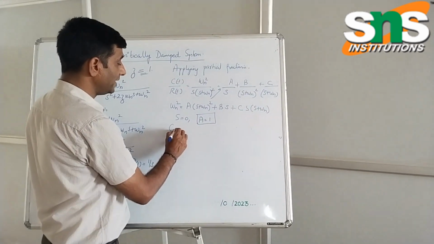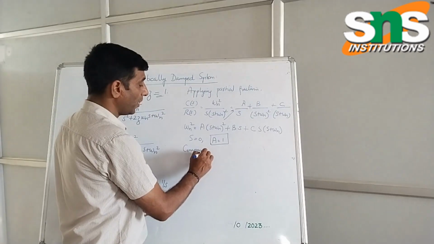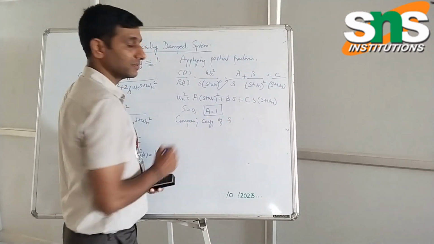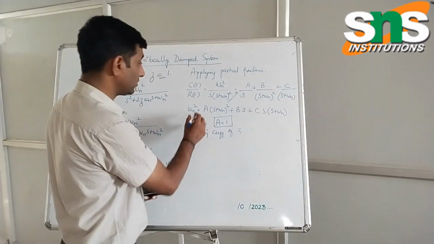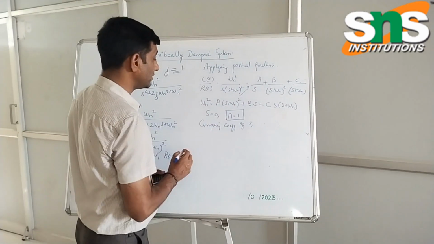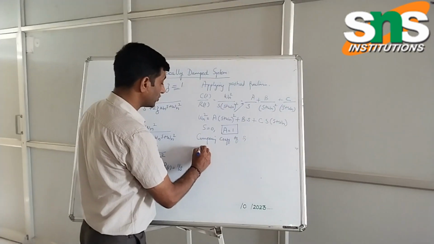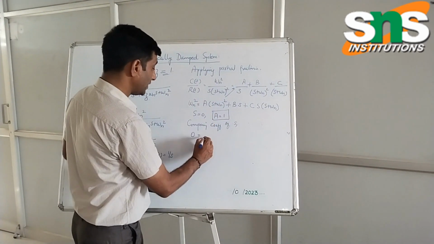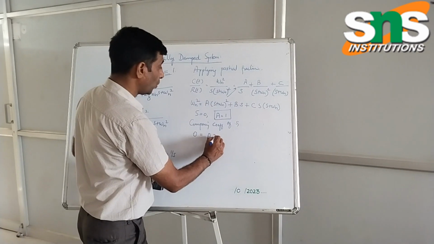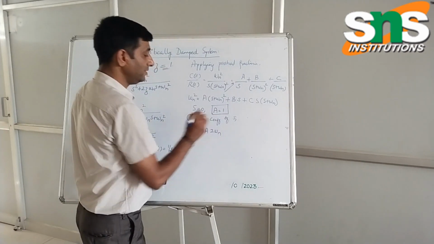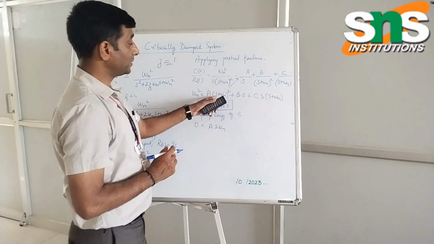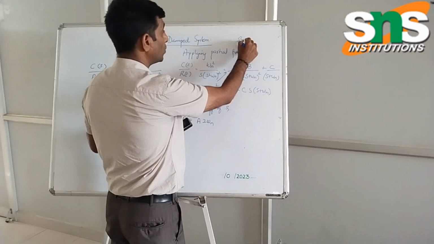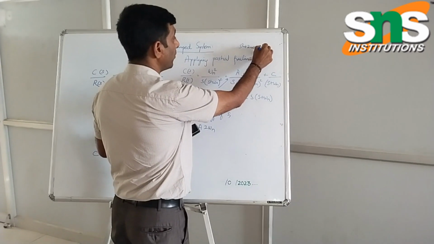Next, comparing the coefficient of s on both sides of the equation, we get 0 is equal to, in terms of a, a times 2 omega n, because s plus omega n the whole squared can be written as s squared plus 2 omega n s plus omega n squared.